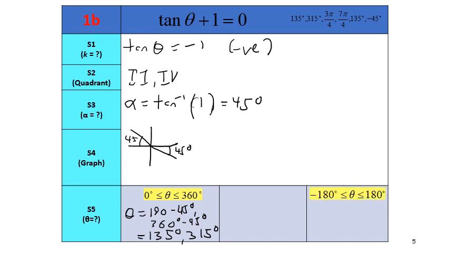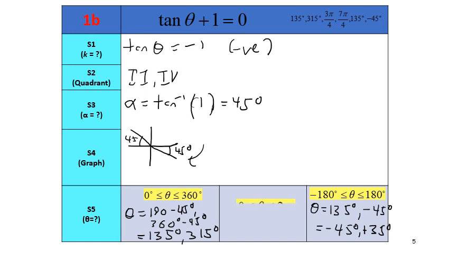Next, if the angle is between negative and positive, the second quadrant is still positive, so theta would still be 135, but for the fourth quadrant it will be a negative angle, because negative angles start with the fourth quadrant, so it will be negative 45 degrees. If we rearrange in ascending order, we start with negative 45 first and then 135 degrees.